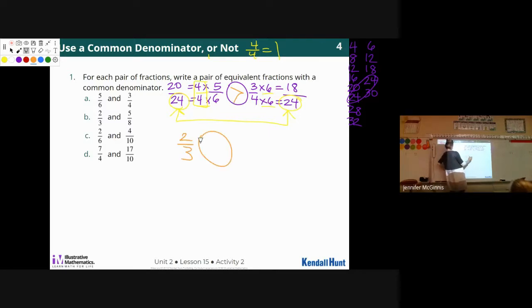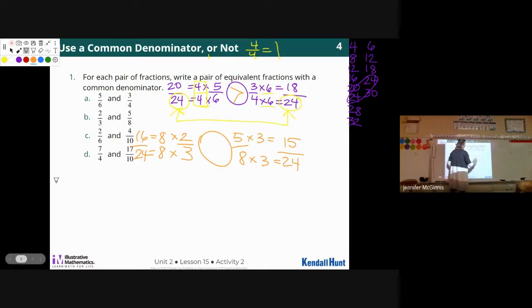So then I'm just going to do one more. 2/3 and 5/8. 3 times 8 is 24 and 8 times 3 is 24, and 2/3 becomes 16/24 and 5/8 becomes 15/24. Whatever I do to the bottom, I must do to the top.